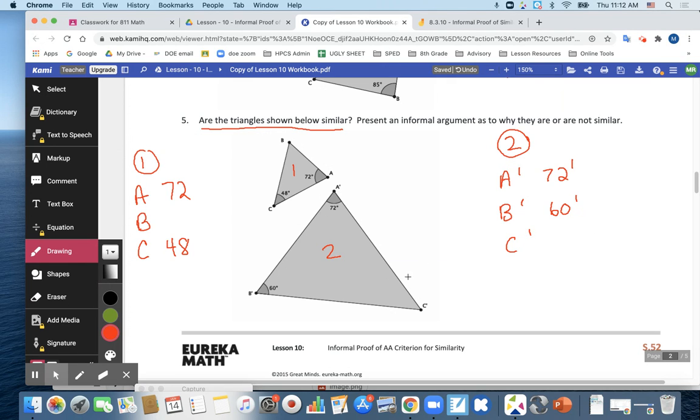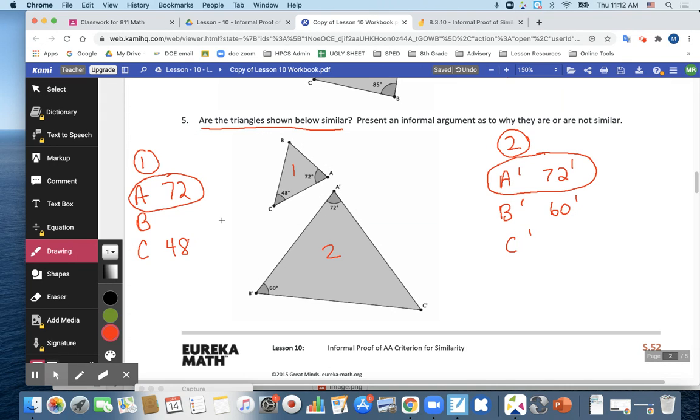All right. So I can see right away that they have one pair of angles that are congruent. So they might have another pair, so we've got to check. So let's use our angle sum theorem and find the measurement of angle B.